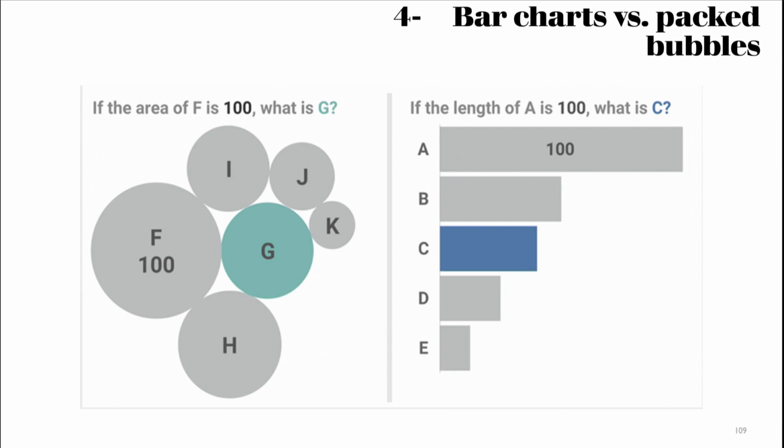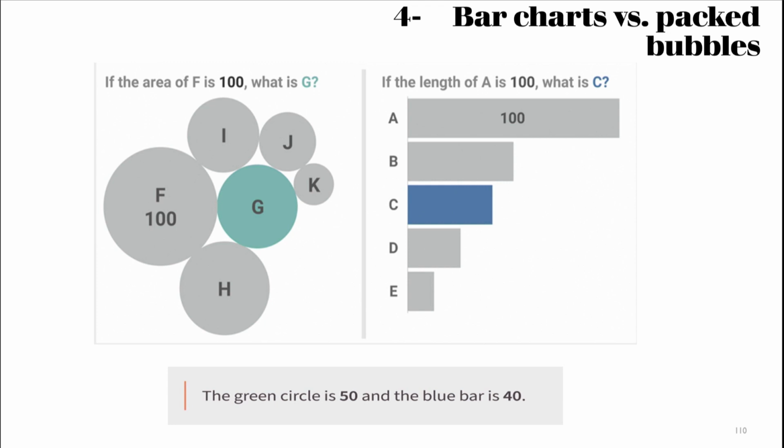When I ask this type of question to my students in the classroom, most of the time the question on the right I will get correctly. The question on the left, about 40% of the students will answer correctly. So the correct answer, not to keep you puzzled, is that G represents 50, and C is 40.